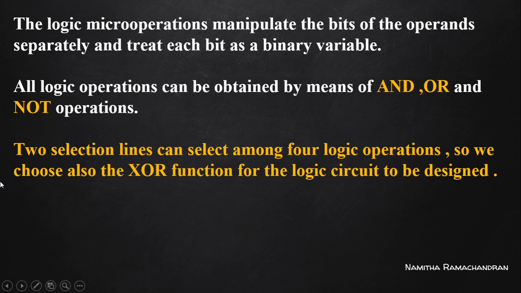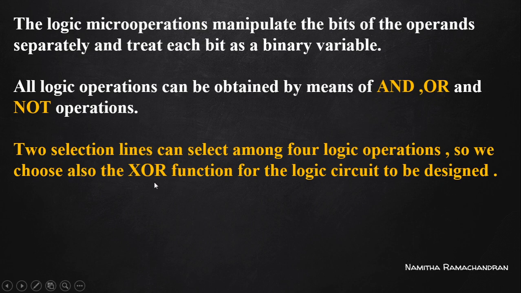Here we are going to use two selection lines. Using those two selection lines, we can distinguish four different logical operations. Here we have only three, AND, OR and NOT, so we can consider one more operation.